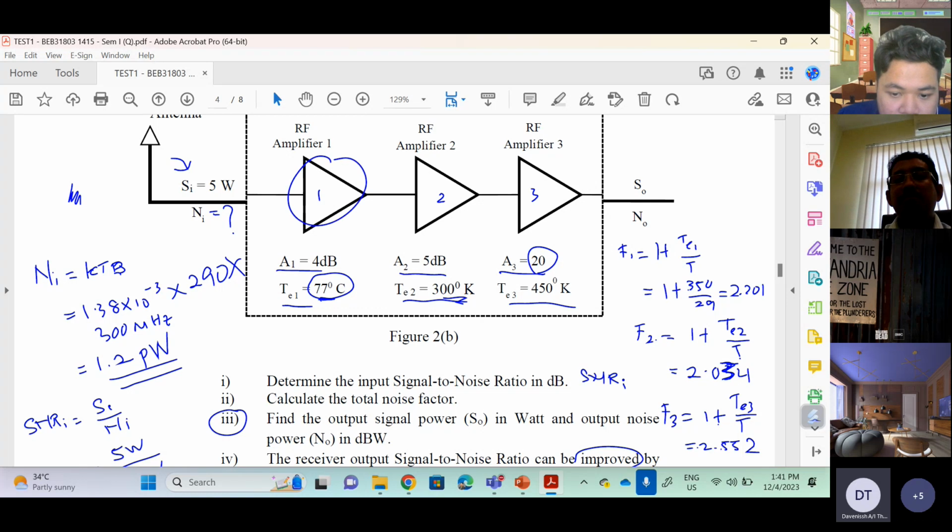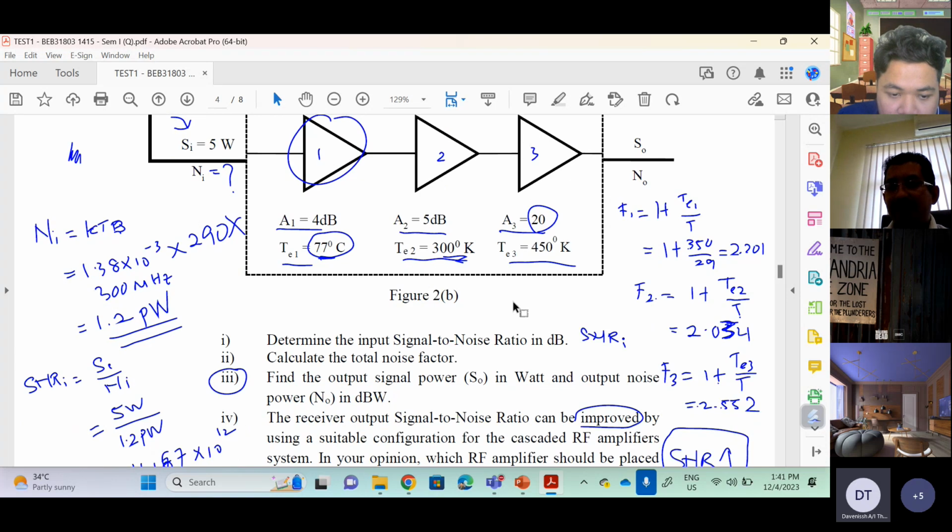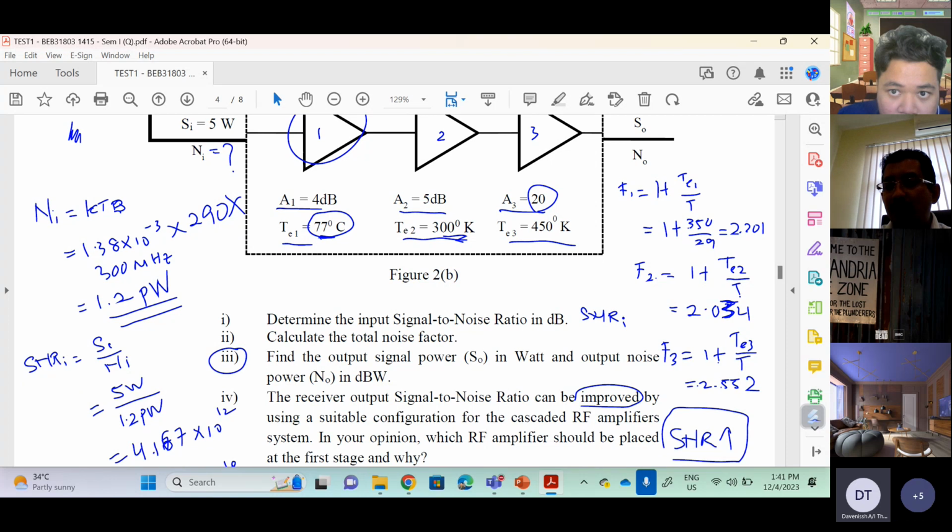Okay, yang first ini mestilah amplifier yang mempunyai noise factor yang paling rendah. So dalam kes ini, kalau kita lihat kita punya F, noise factor yang terendah adalah amplifier yang kedua, yang ini. That means I need to choose amplifier 2 as the first stage. So maknanya kalau kita susun semula, amplifier yang kedua perlu berada pada stage yang pertama.